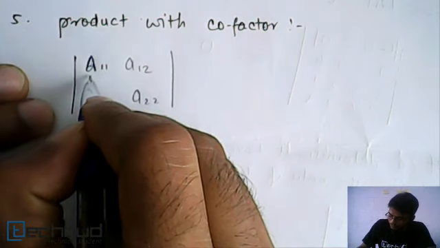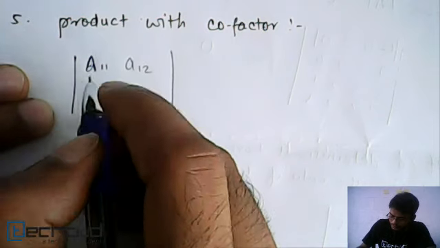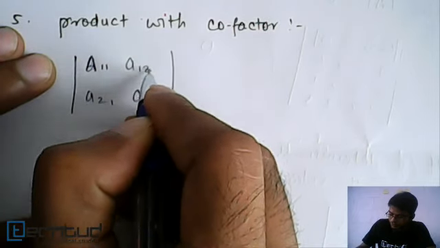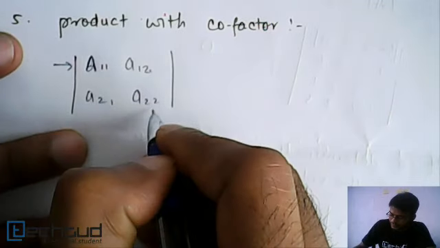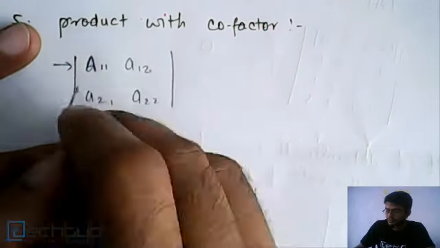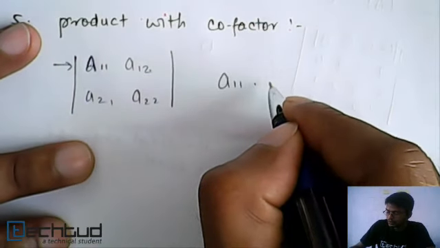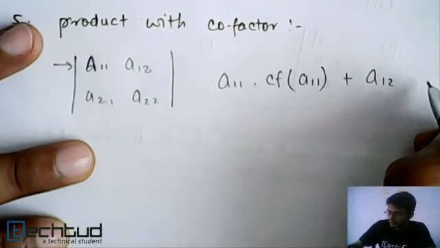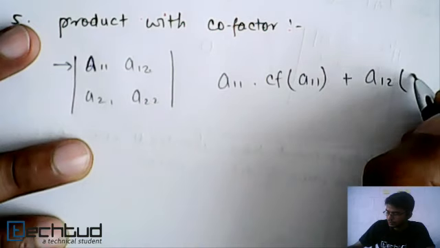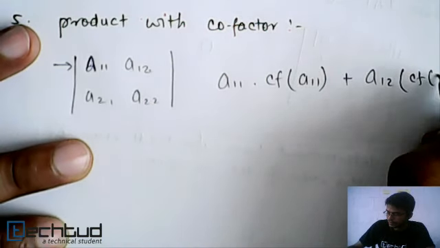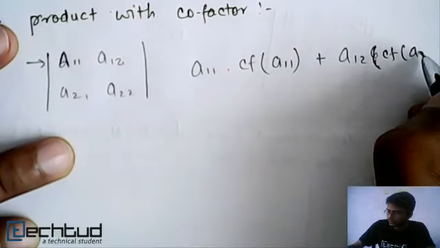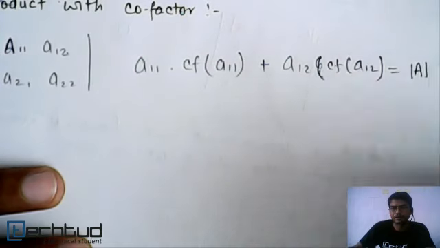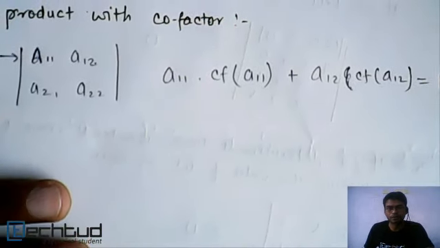Each element of a row times its cofactor: a11 into cofactor of a11 plus a12 into cofactor of a12 will give you the original value of the determinant. Okay, so this is product with cofactor.